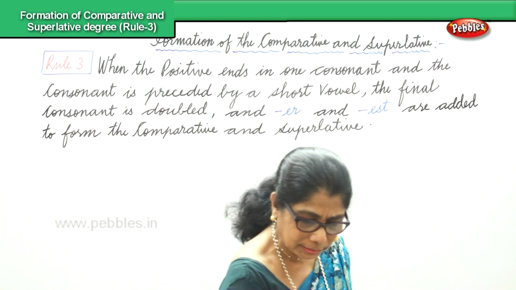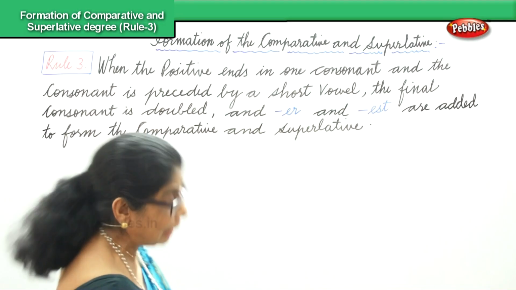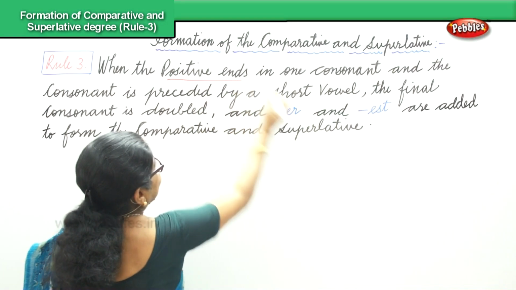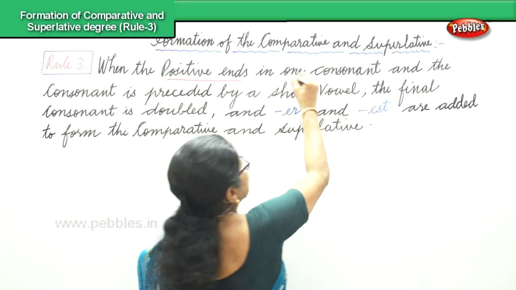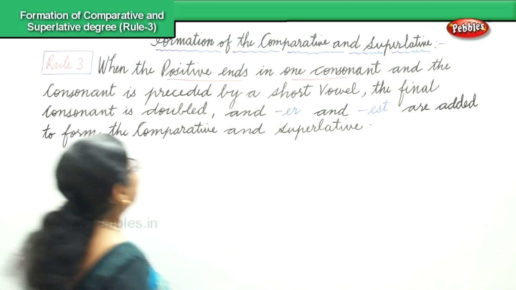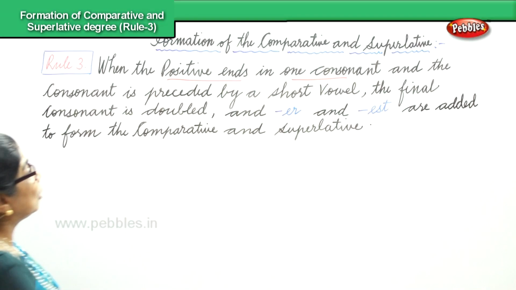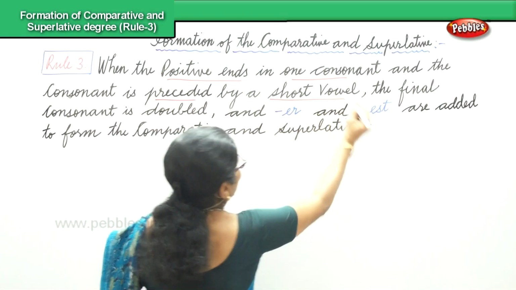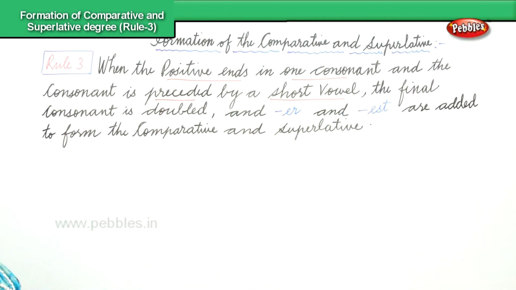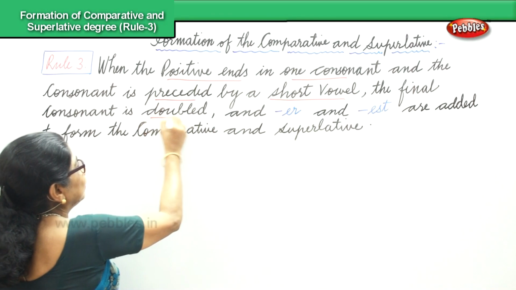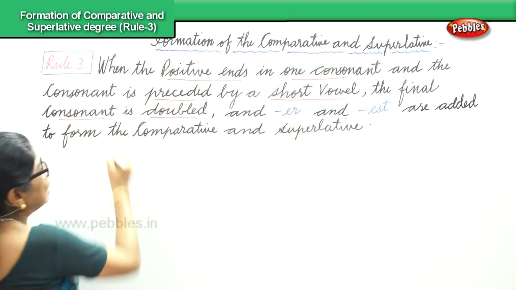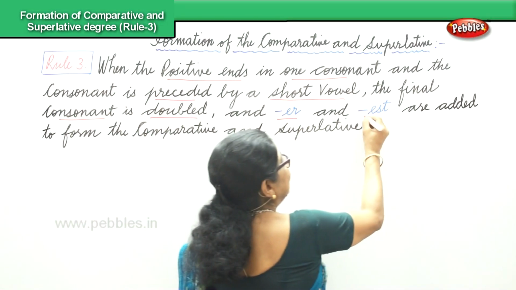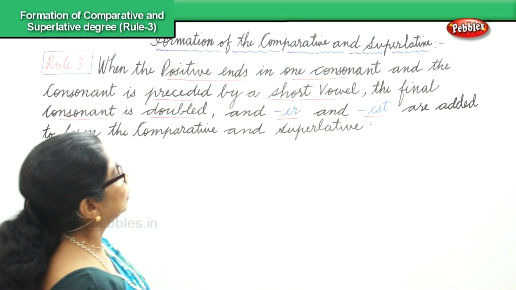Okay. What does the rule say? Rule number 3 says, when the positive ends in one consonant and the consonant is preceded by a short vowel, the final consonant is doubled and you add ER to form the comparative and EST to form the superlative.